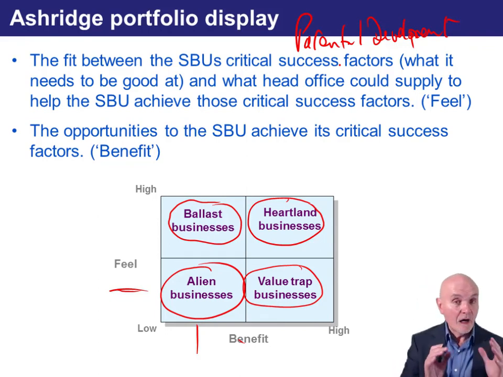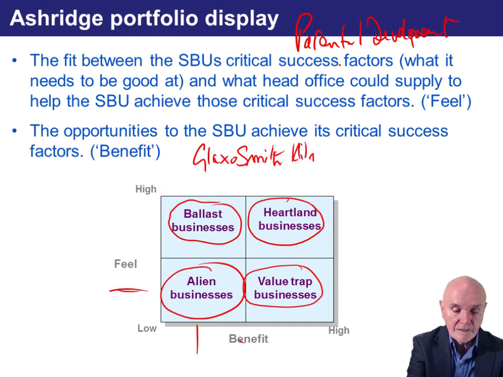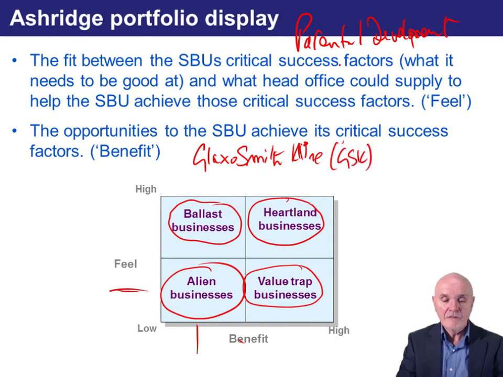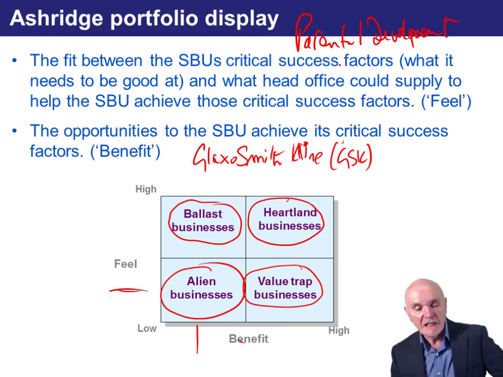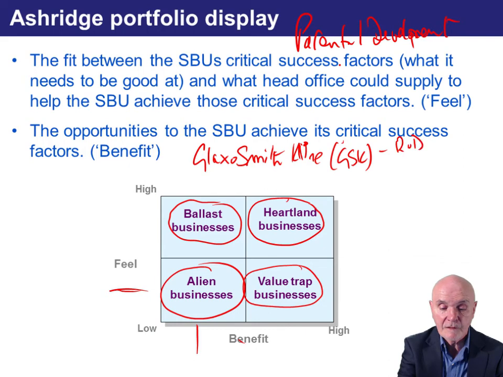And let's say that the holding company is a company called GlaxoSmithKline. So GlaxoSmithKline, or GSK, is a very large, successful international pharmaceuticals company. And what pharmaceuticals companies are particularly good at is research and development, drug trials.